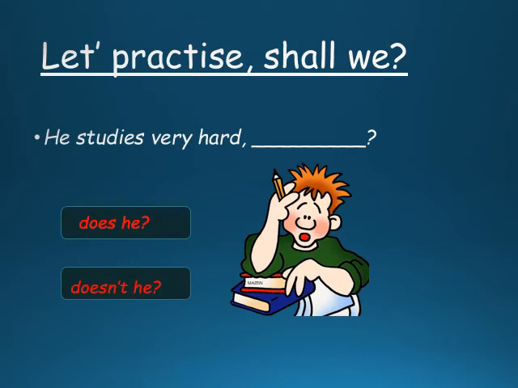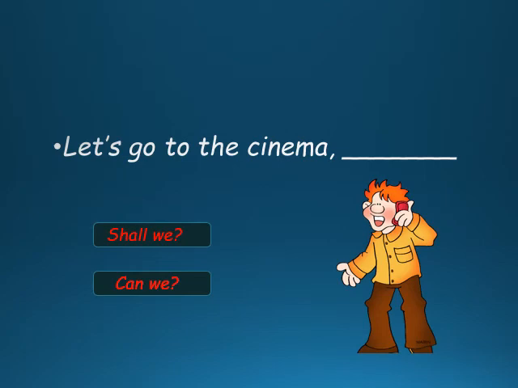Now let's practice again. He studies very hard. What are we going to use here? Does he or doesn't he? Doesn't he, exactly. Let's go to the cinema. Shall we or can we?